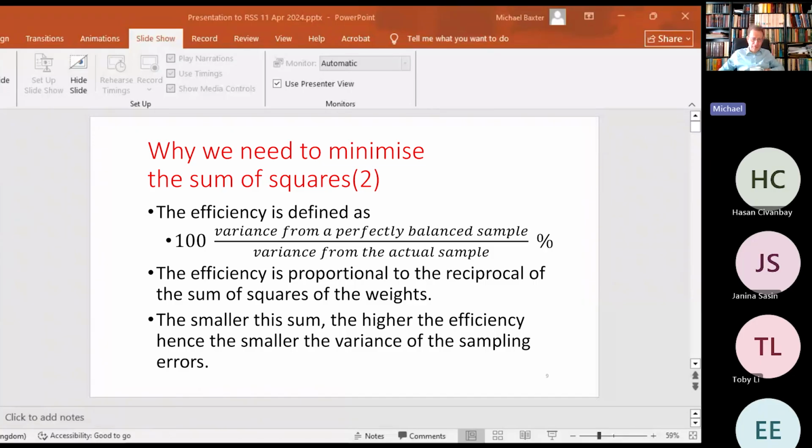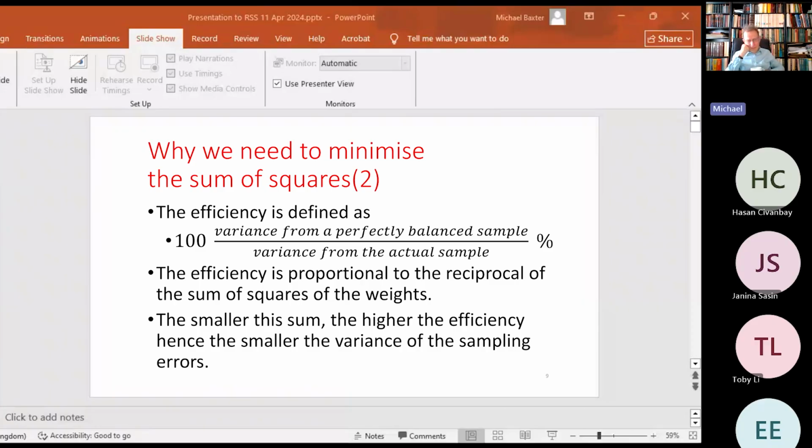And the efficiency of the weighting is defined as the variance from a perfectly balanced sample divided by the variance from the actual sample, expressed as a percentage usually. And since the variance is always greater than from a perfectly balanced sample, the efficiency is always less than 100%.